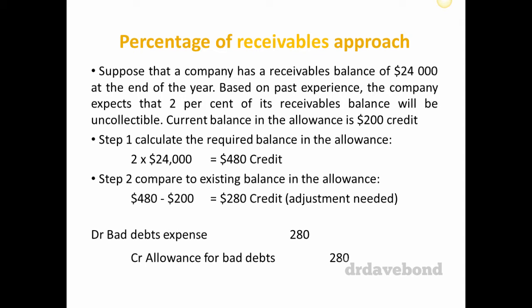What we also work out is we're told that we expect, based on past experience, that the allowance at the end of the year should be 2% of the receivables balance. So 2% of this is what we expect not to get back in. That's what we've just worked out, the 480.